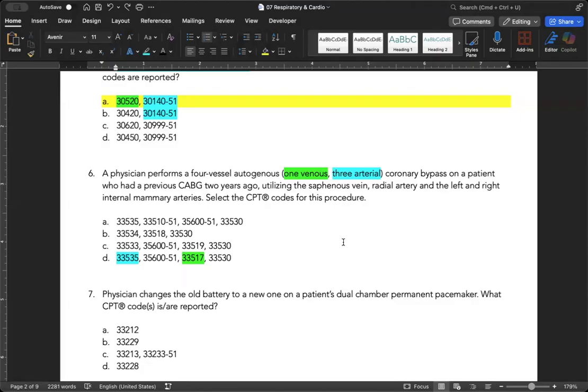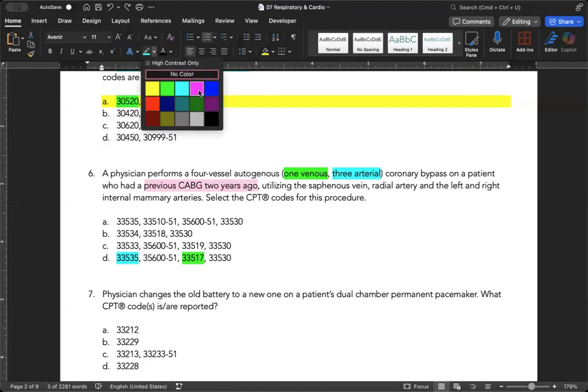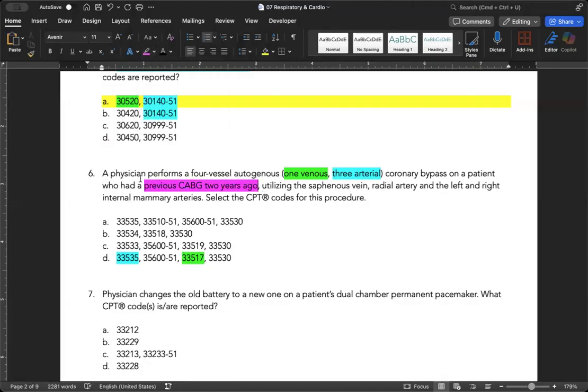So now we have a patient who had a previous CABG 2 years ago. So this is going to be what's known as a reoperation. So in our alphabetic index, we'll go to reoperation, right? Because we had a CABG before, now we're having to redo it.